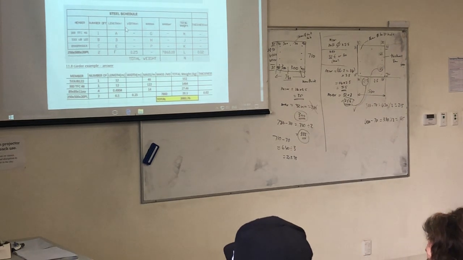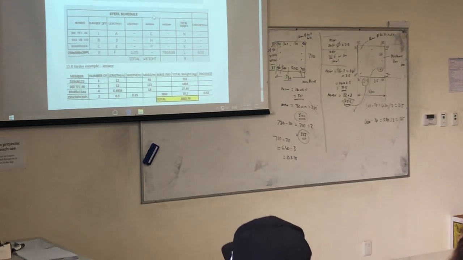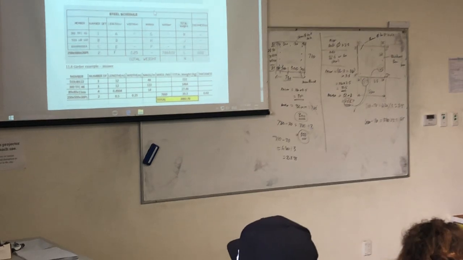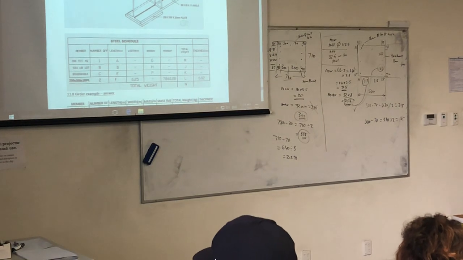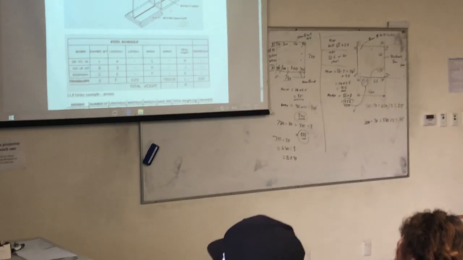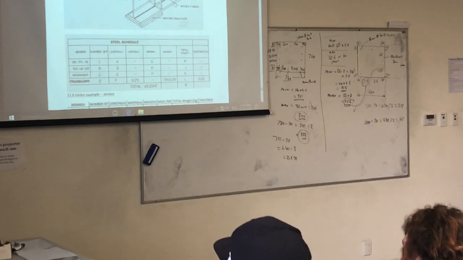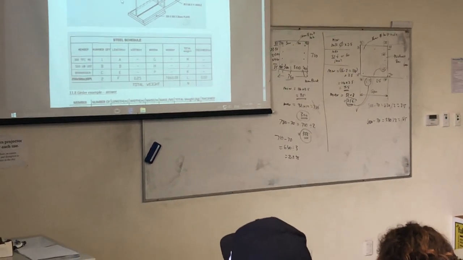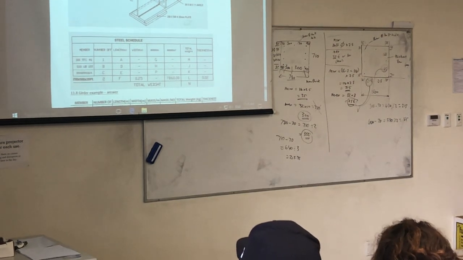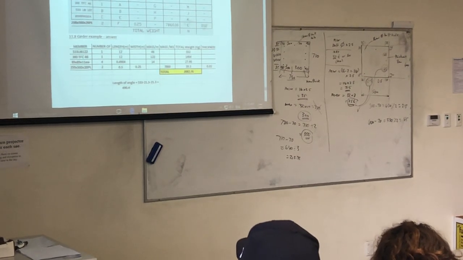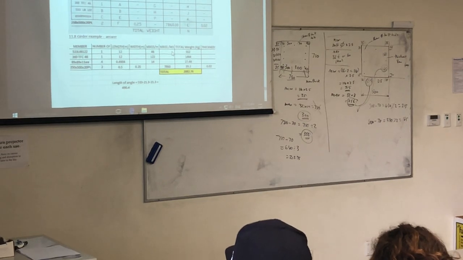On this particular question, the call up for the TFCs, the UBs, the plates, the angles is always in millimetres. See that? 533 by 210, 122 UB. But down here in the table, it is always in metres.